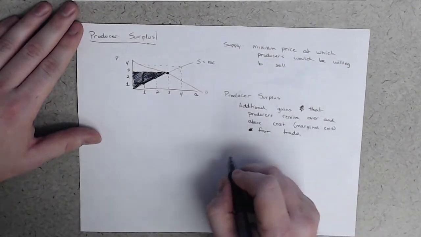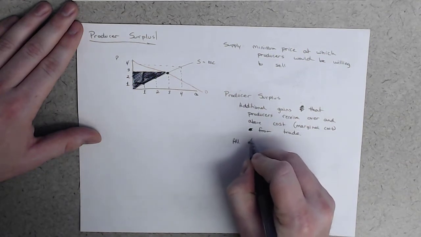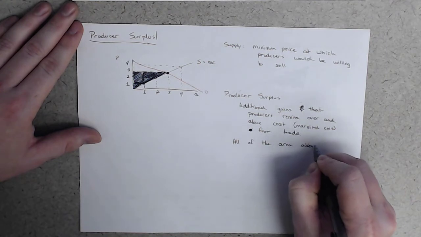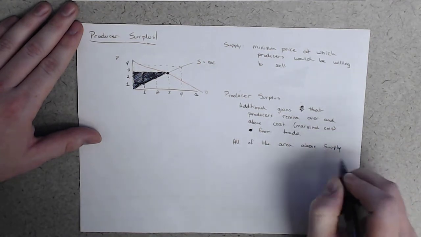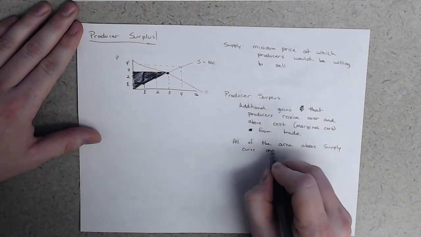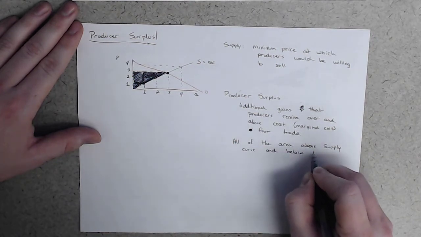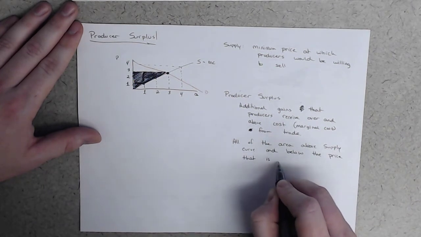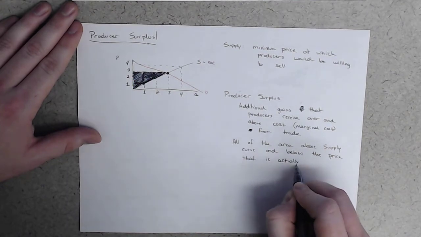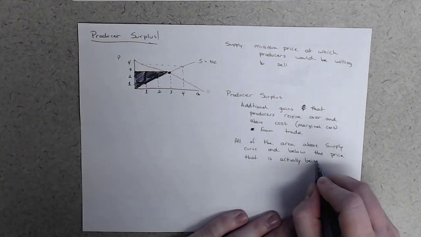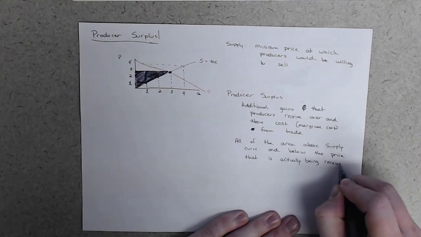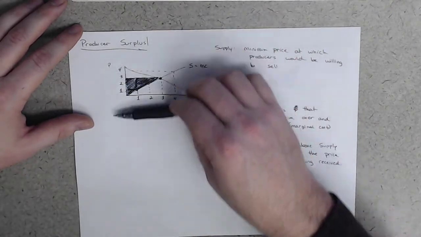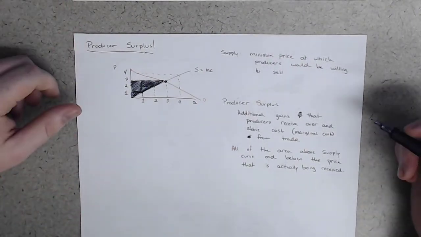So the producer surplus is all of the area above the supply curve and below the price that is actually being received.